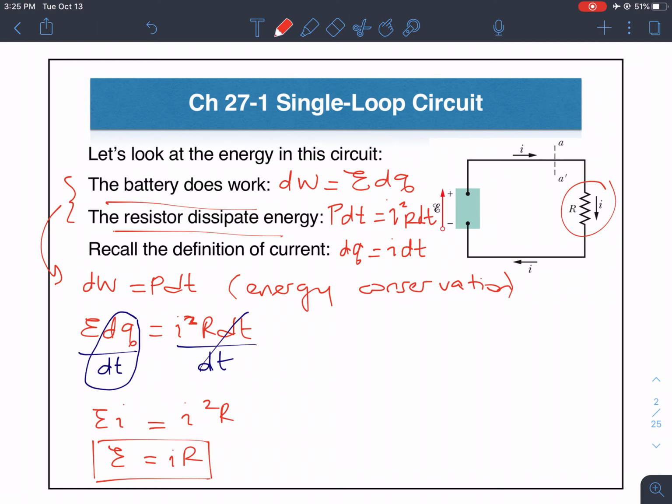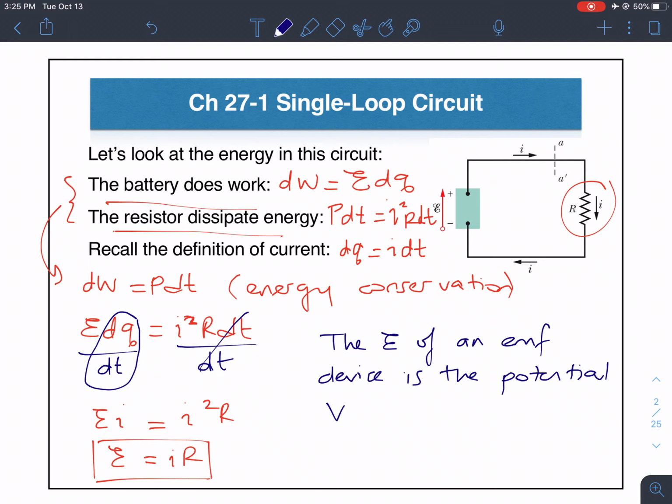So the EMF of an EMF device, again, it could be a battery or a generator, is the potential V that it produces.